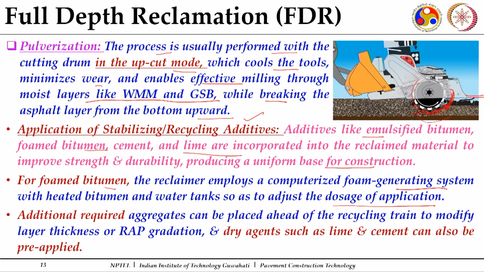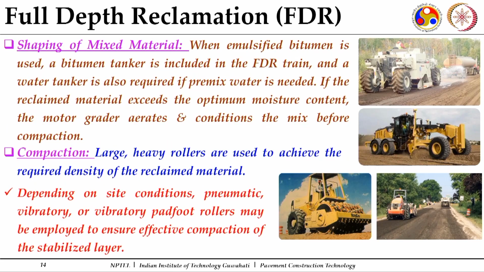So, when it picks up, the desired quantity is spread on the surface in front of the reclaimer, and the new materials are mixed together with it. Additional required aggregates can be placed ahead of the recycling train to modify the layer thickness or the gradation, and dry agents such as lime and cement are also pre-applied. So, this is what is done.